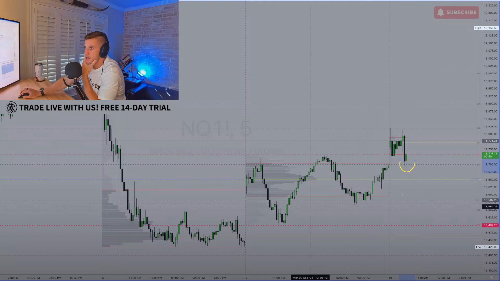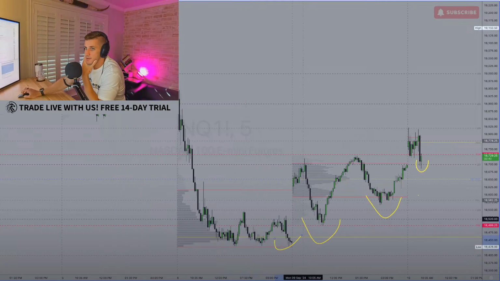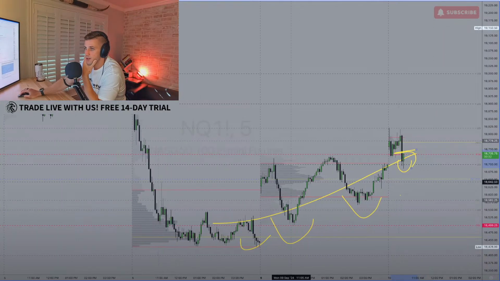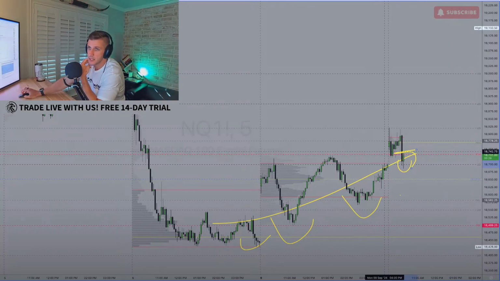This continues the series of higher lows, and this is part of what is making the current structure challenging. We have opposing forces. More of the near term is, from a structural standpoint, still bullish.